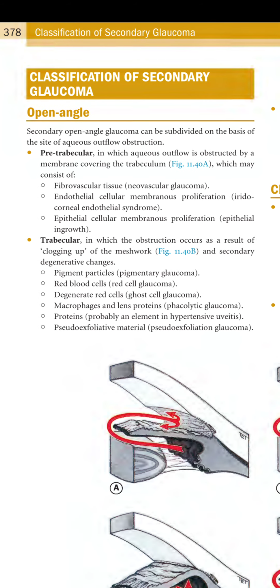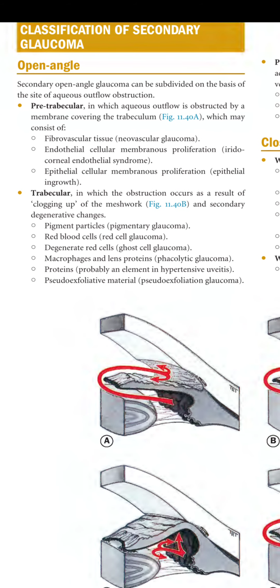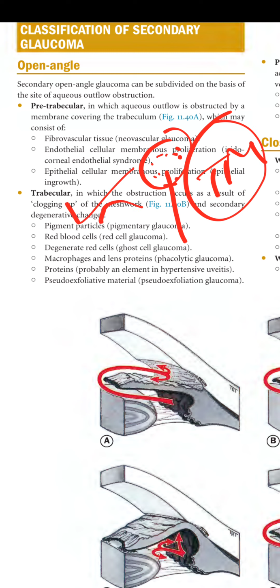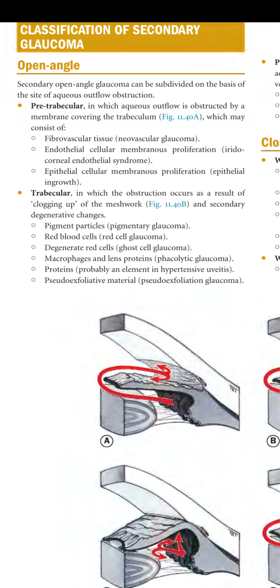Now next is the trabecular. Trabecular, in which the obstruction occurs as a result of clogging up of the meshwork and secondary degenerative changes. For example, pigmentary: basically the angle is open, but there are particles that are obstructing the trabecular meshwork, like pigment particles which cause pigmentary glaucoma, and red blood cells which cause red cell glaucoma. Then there are degenerate red cells which cause ghost cell glaucoma. We will discuss ghost cell glaucoma in the coming lectures.